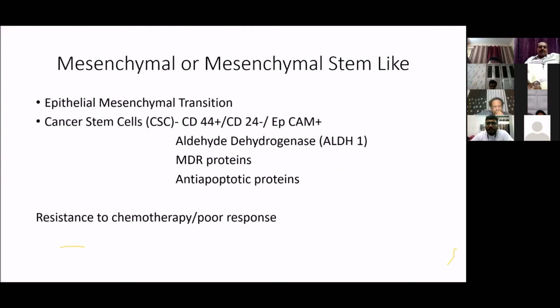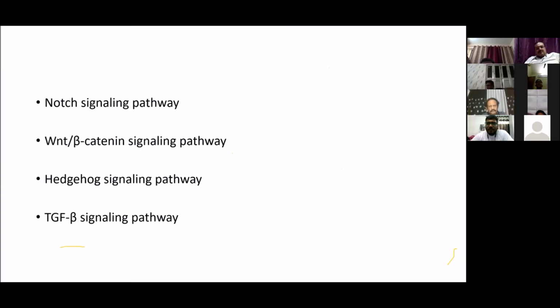So the possible mechanisms of action are cells which have more chances of epithelial mesenchymal transition, cancer stem cell like, CD44 positive and epithelial cell adhesion molecule positive. CD44 is a marker for hyaluronase, which is present in the cell membrane. Then aldehyde dehydrogenase based mechanism, which is responsible for its chemotherapy resistance, various multi-drug resistant proteins, and anti-apoptotic proteins.